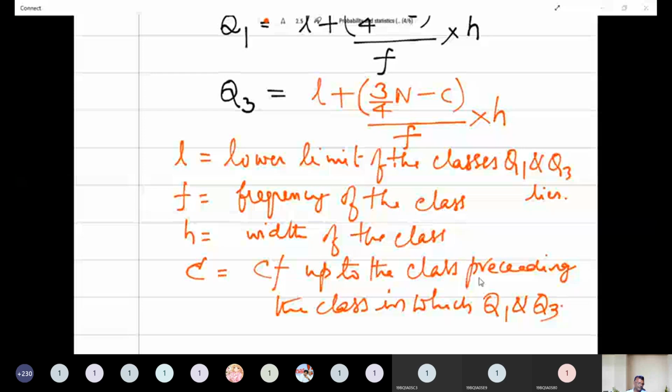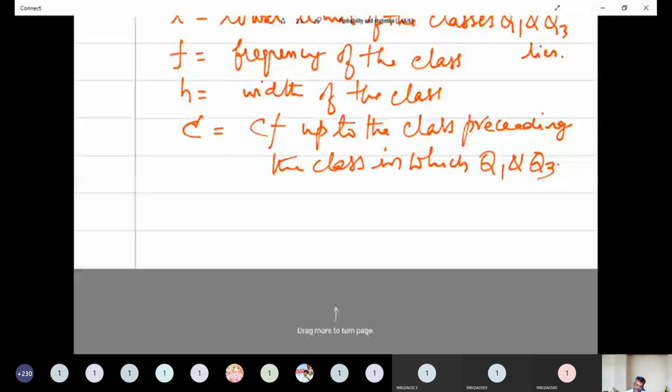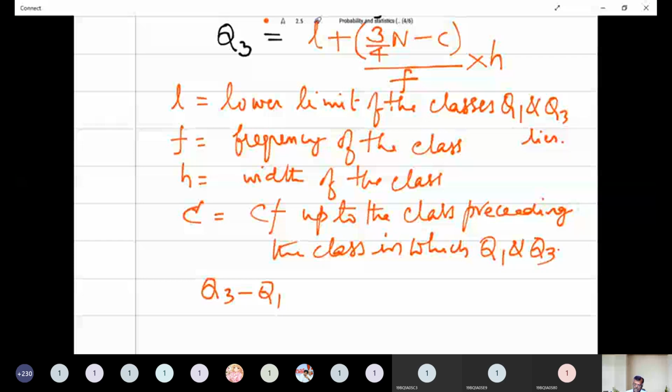And one more important condition here, we have to observe the difference between Q3 and Q1. What is this one? And the mean of these two, the average of these two. What do you call these two values?